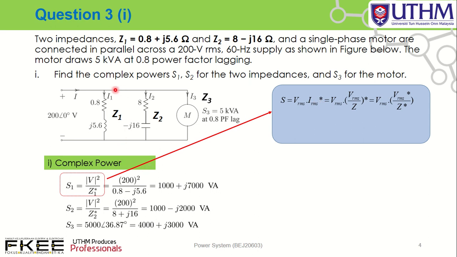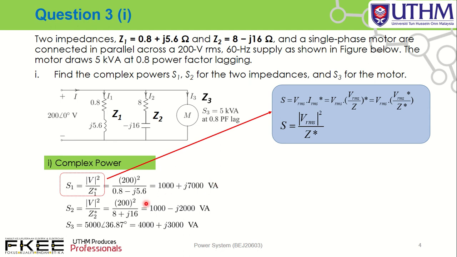In this question we have an impedance and a voltage, so we can derive the complex power from them. I equals V RMS over Z, and V RMS times V RMS conjugate equals V RMS squared. So S equals V squared over Z1 conjugate. We have the amplitude of the voltage and the Z1 conjugate, so we can get S1, the complex power of impedance 1, or load number 1.